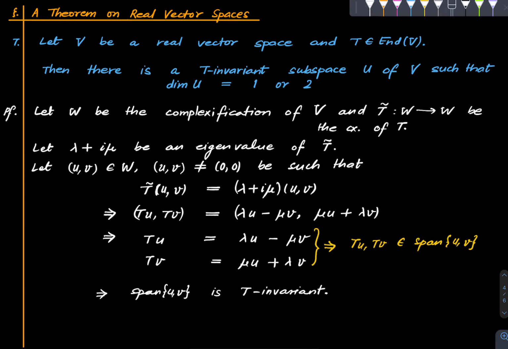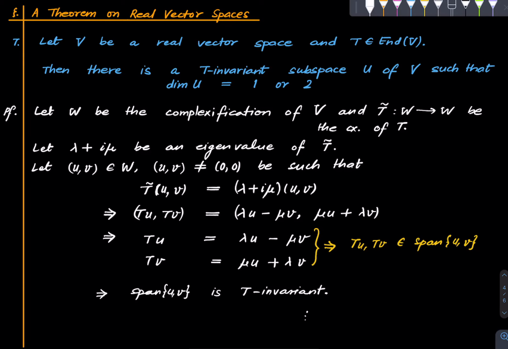And now since (u, v) is non-zero, at least u or v is non-zero, meaning both of these cannot be 0. So the dimension of this space is at least 1 and at most 2. And therefore if you just declare this space as capital U, we have a dimension 1 or 2 subspace which is T invariant. So the last line I don't want to write. I can write the last line. So that's a very nice proof.